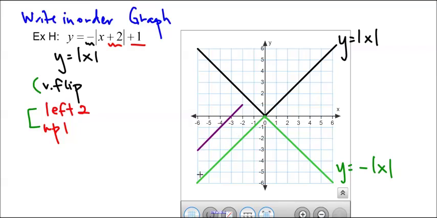So I know this has a slope of 1, -1, 1, so I'm going to follow it. And everything else I'm going to just follow left 2 and up 1 using the last graph that you drew. And there you go. So I moved everything left 2 and up 1, and I'm going to label it. That's my last one. So y equals negative absolute value x plus 2 plus 1.